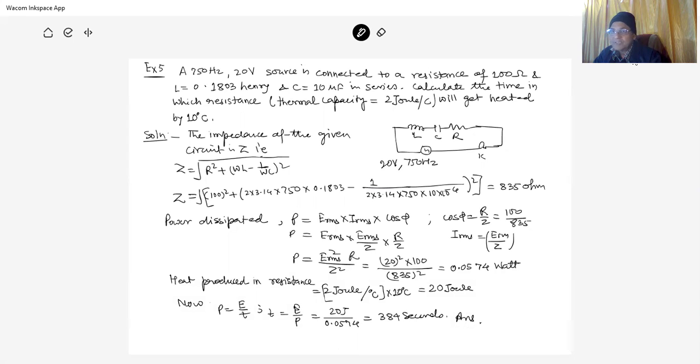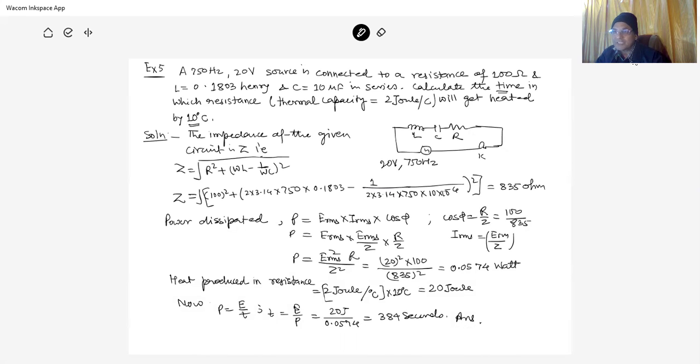Calculate the time in which the resistance, whose thermal capacity is given as 2 joule per degree, will get heated by 10 degrees centigrade. So we have to calculate the time within which it will increase 10 degrees centigrade.